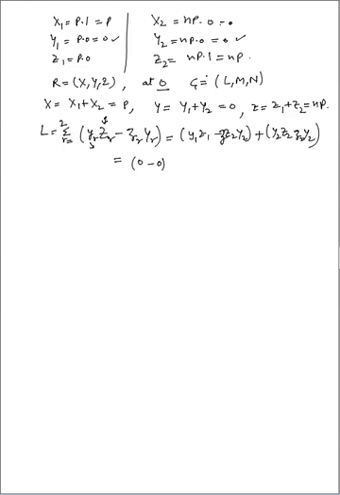So here we can write X1, Y1, Z1, and X2, Y2, Z2 is A cos alpha, A sin alpha and 0.